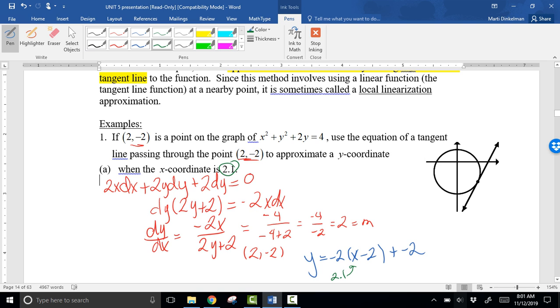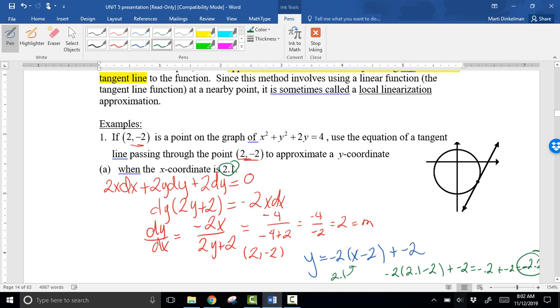So that's going to be 2 times (2.1 minus 2) plus -2. So in here, we're just going to end up with 0.1. And so 2 times 0.1, 0.2 plus -2. So we're going to approximate that it's -1.8.